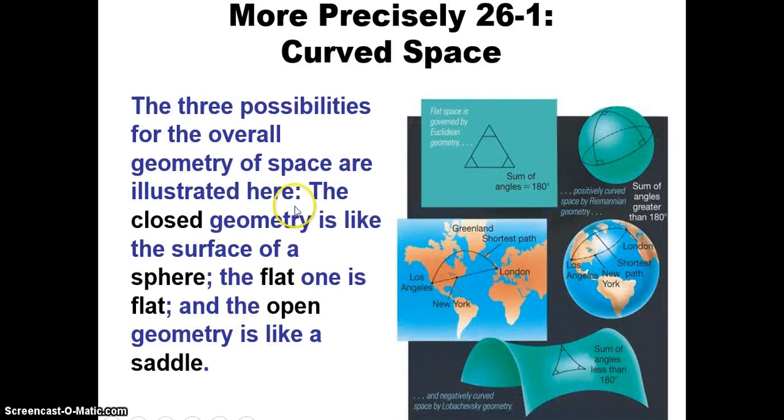All right, for an open universe, the universe would be shaped more like a saddle, and it has a lot to do with parallel lines. If the universe was shaped like a saddle, two parallel lines would diverge.